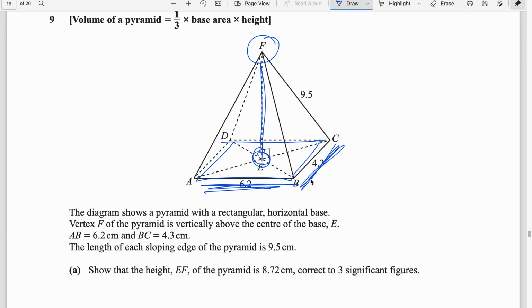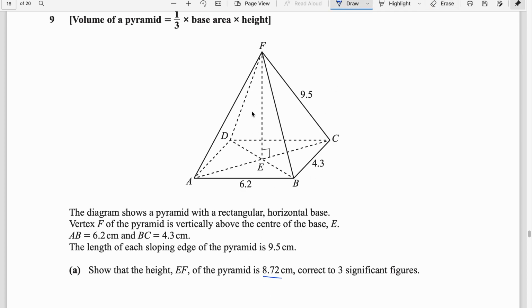BC equals 4.3. The length of each sloping edge is 9.5. All four are 9.5. Show that the height EF of the pyramid, correct to three significant figures, is 8.72.